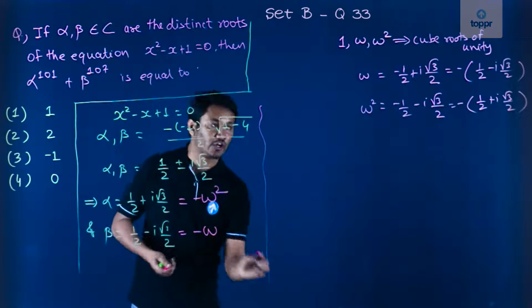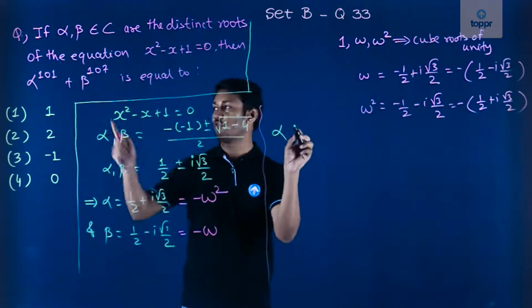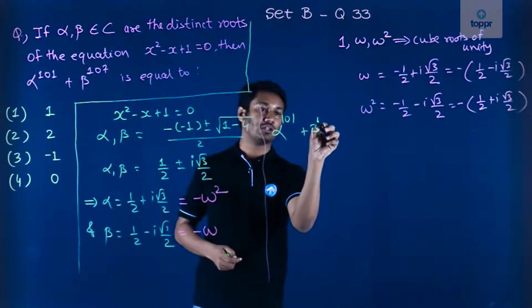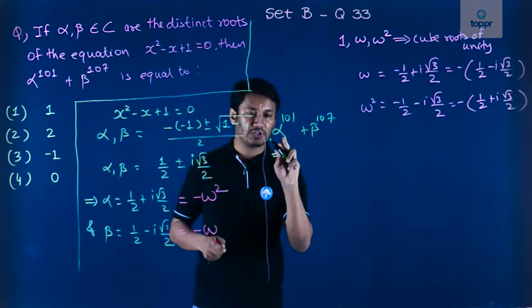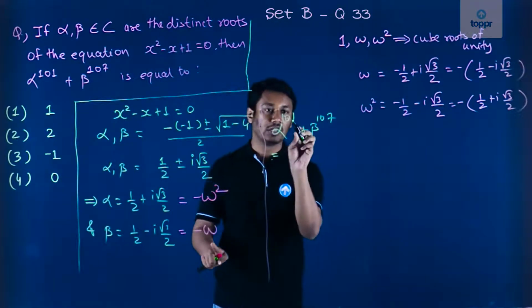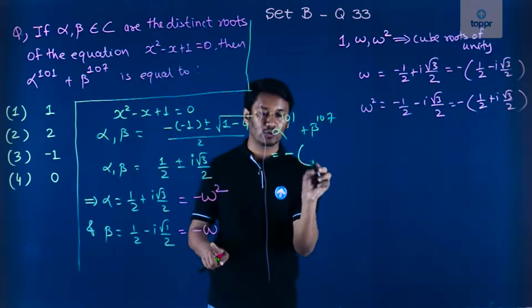So if I further solve this question by considering the expression that we want to find, that's alpha power 101 plus beta power 107, we put the values of alpha and beta, which are minus omega square and minus omega. Because both the powers are odd powers, I will keep the minus sign outside.